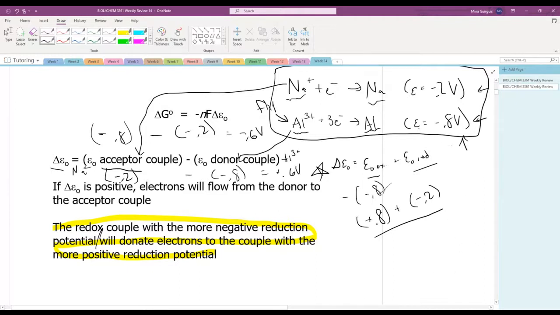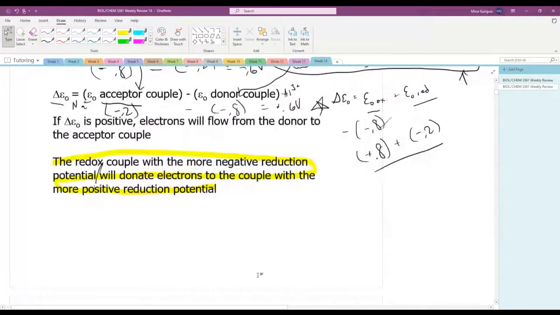It doesn't help me. If I flip negative 0.8 to positive 0.8, I then get a positive number because I'm adding a number smaller than it. So just thinking of the first part, the more negative reduction potential flips. The more negative reduction becomes a more positive oxidation. That's how I think of it, and I think that's the more intuitive way.